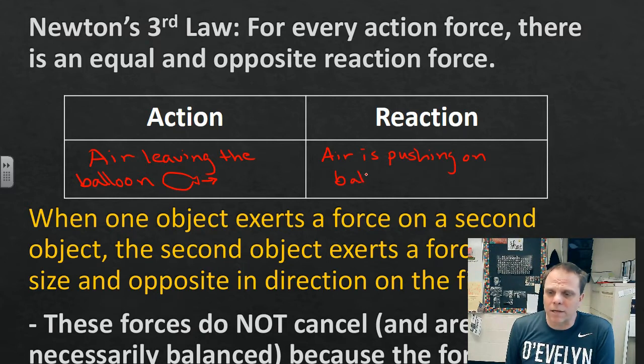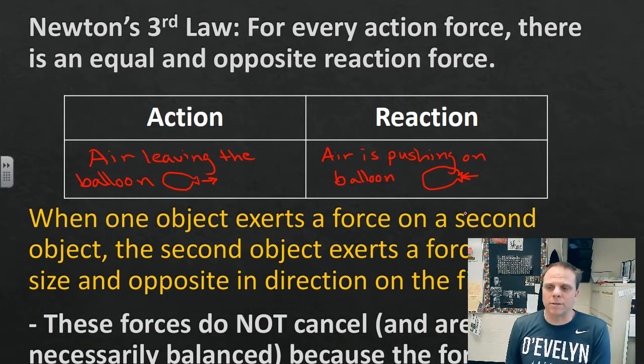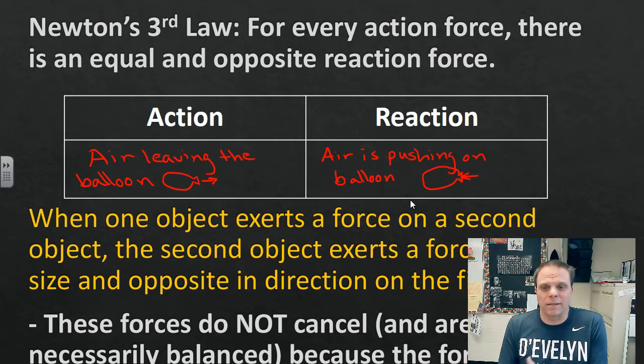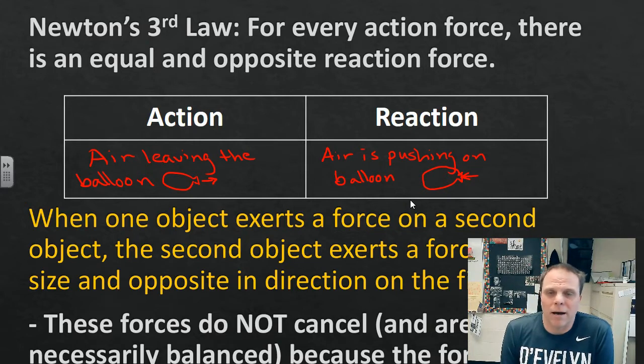So you can think of the action as the air exiting the balloon, but if we think of the reaction, what's happening is that air is actually pushing back on the balloon in that direction. So the balloon is actually moving forward because the air is pushing it forward. The air is acting on the balloon. The balloon is acting on the air basically as it leaves, but the air is acting on the balloon.